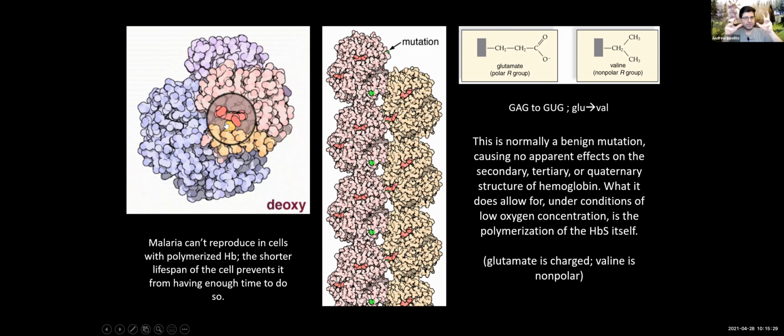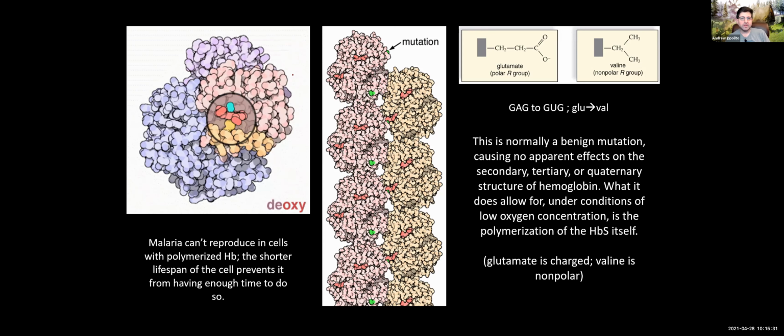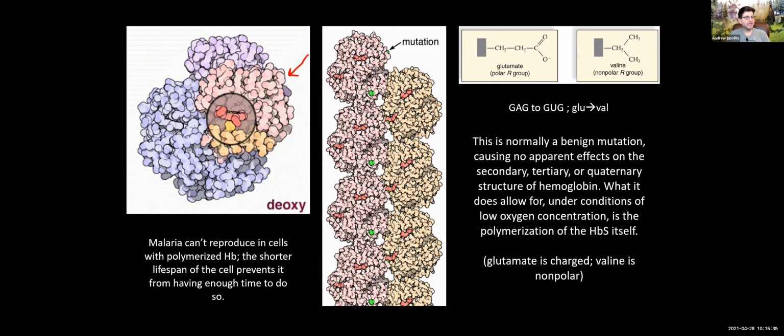If you look very closely, you see a little thing sticking out, the purple one, when oxygen is not bound to hemoglobin. So you see oxy, deoxy, oxy, deoxy. When you pay attention to deoxy, look at the little purple nub sticking out.